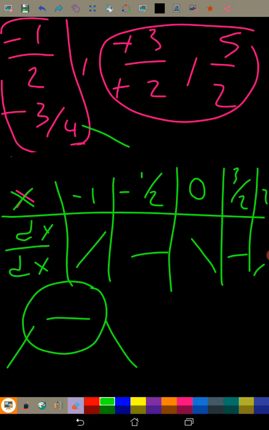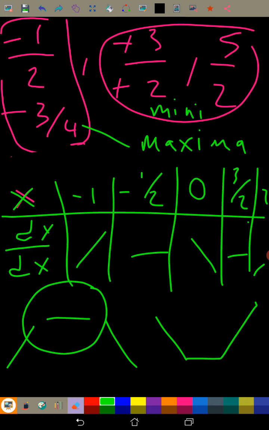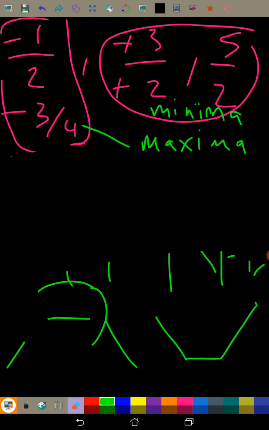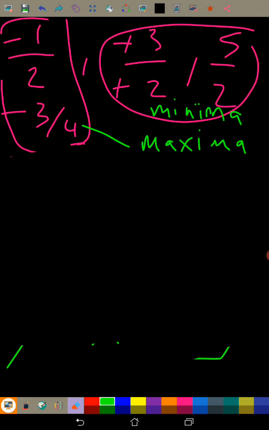So this is a maximum, maxima, and here, because we have this, this is a minima. This is a minima. So now if we have to draw the curve, we know what's the maxima, what's the minima.